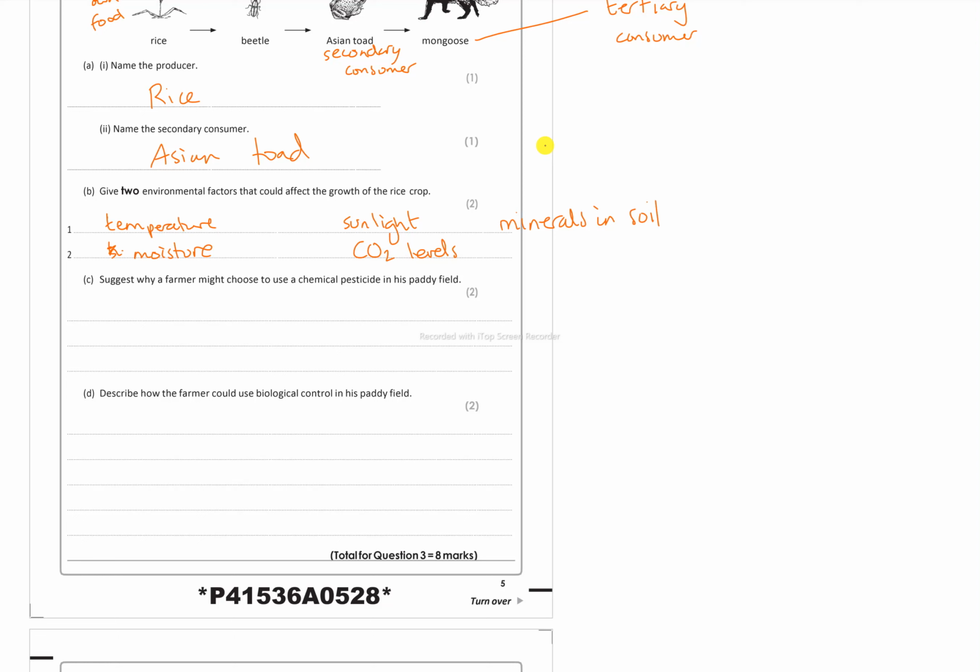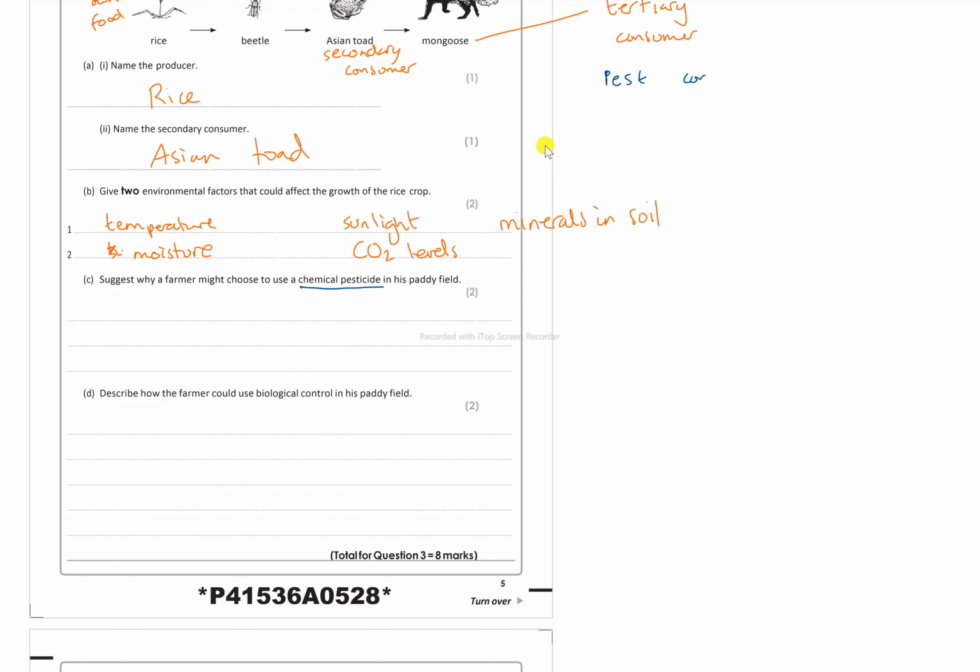Suggest why a farmer might want to choose a chemical pesticide. Right, remember you have 2 types of pest control.